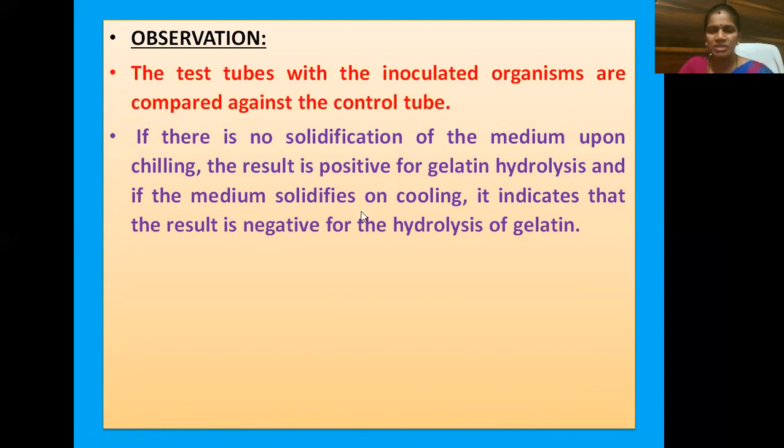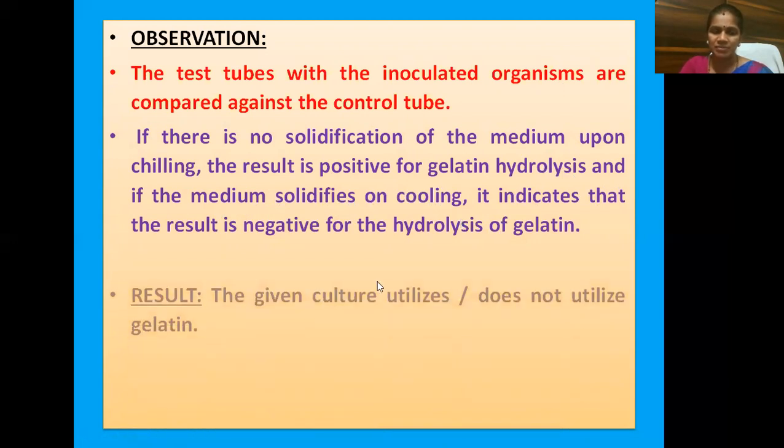And if the gelatin medium we have prepared and inoculated with organisms and incubated solidifies on cooling, it indicates that the result is negative for the hydrolysis of gelatin. Then, based on the gelatin positive test and gelatin negative test, you need to write the result here, whether the given culture utilizes or does not utilize gelatin.